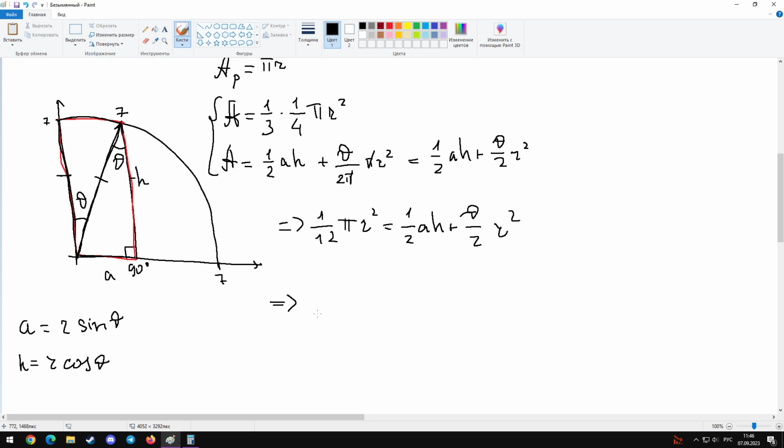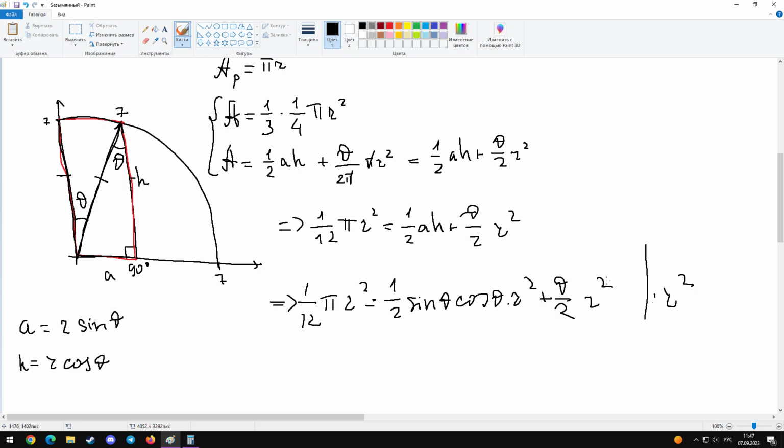What do we get? We get that our equation becomes 1/12 pi r squared equals 1/2 sine theta cosine theta times r squared plus theta over 2 times r squared. Right. You can divide by r squared.